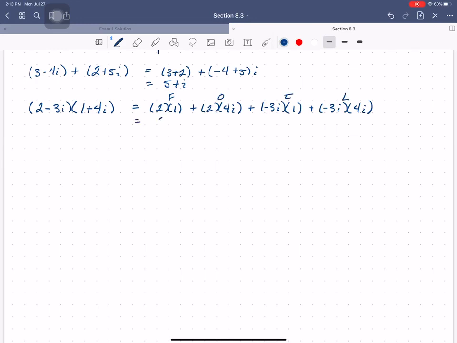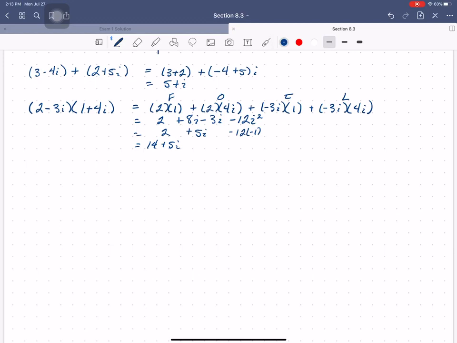Which means that this is actually 2 plus 8i minus 3i. Now here comes the tricky part. Negative 3 times negative 4 is negative 12 i squared. i squared is negative 1, so this is actually negative 12 times negative 1. So what I have here is 2 plus 5i, plus 12, which is 14 plus 5i.